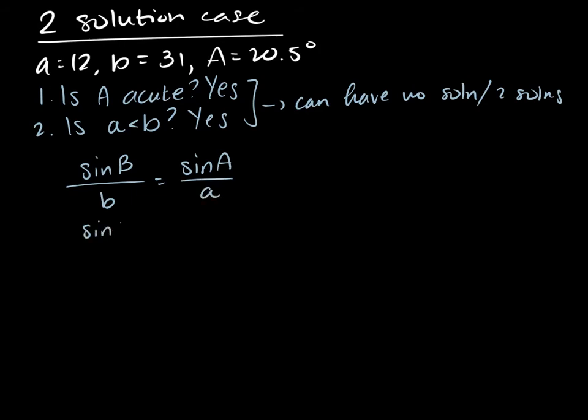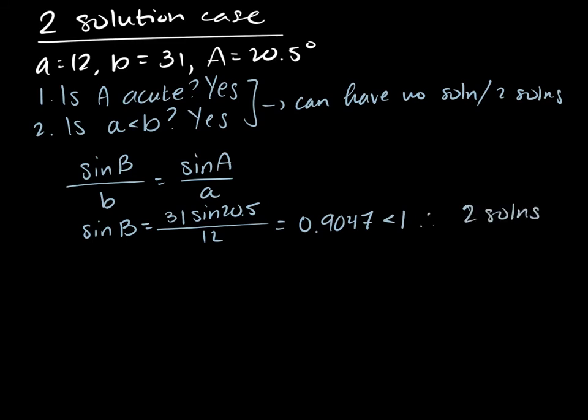So sine of B will be equal to 31 times sine of 20.5 over 12. All I did was plug in my values from above. This is equal to 0.9047, which is less than 1. So therefore, I have two solutions. Okay?